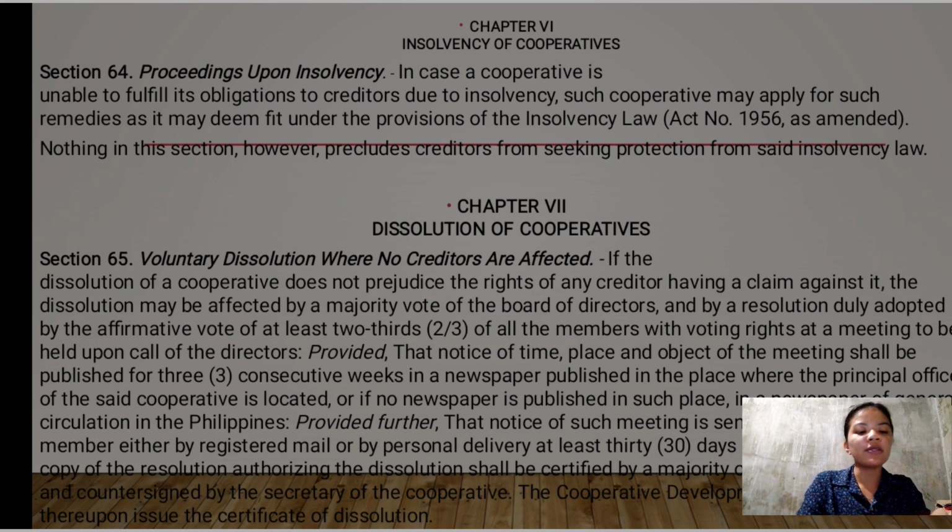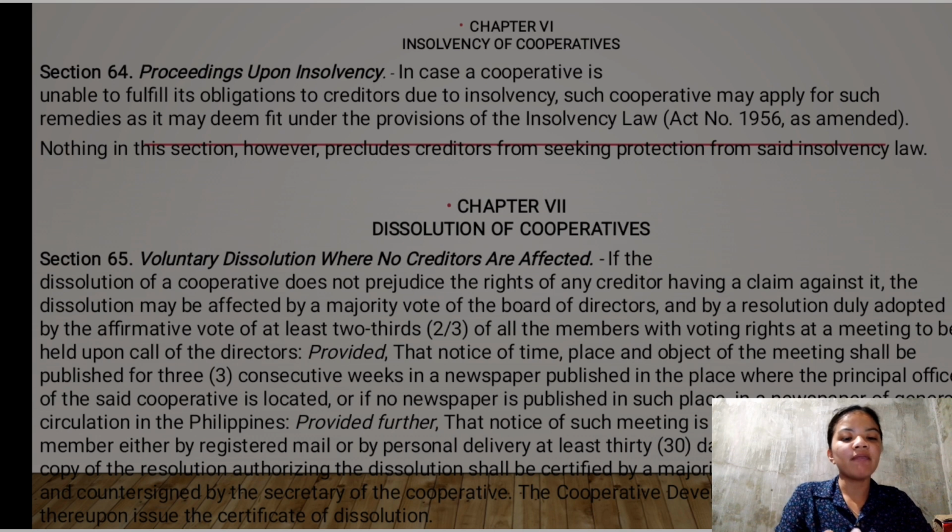Second, despite the cooperative's ability to apply for remedies, creditors are still allowed to seek protection and legal recourse under the insolvency law if necessary. In this section, it ensures that both the cooperative and its creditors have legal avenues to address financial difficulties in an organized manner in line with the established insolvency procedures.